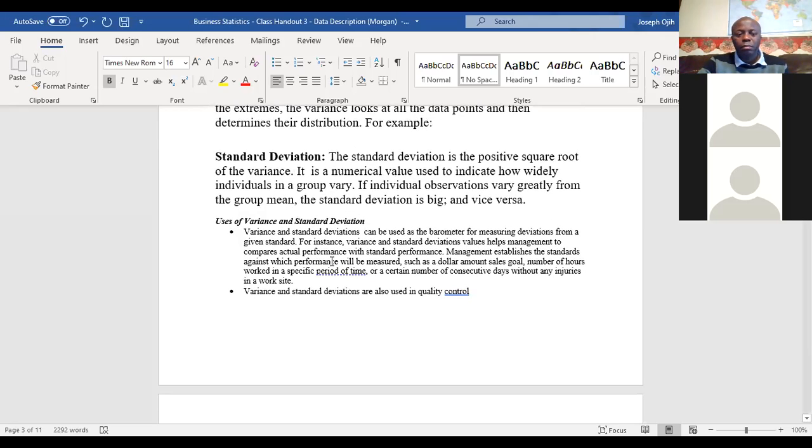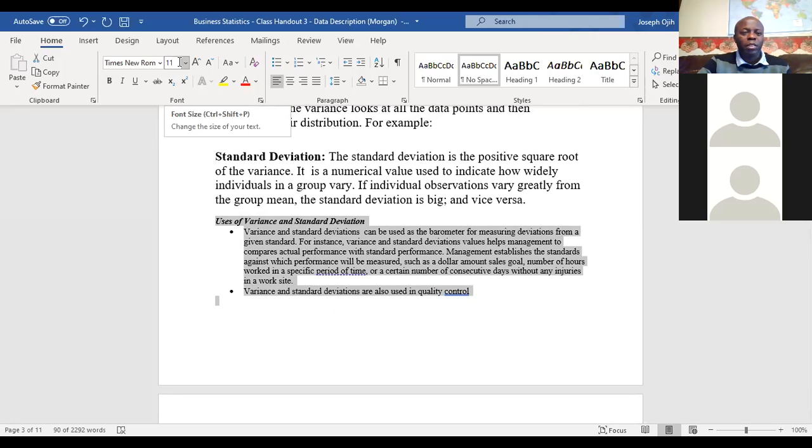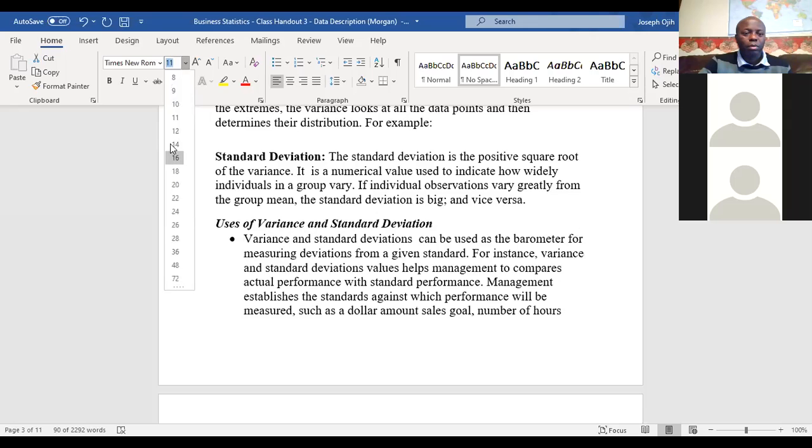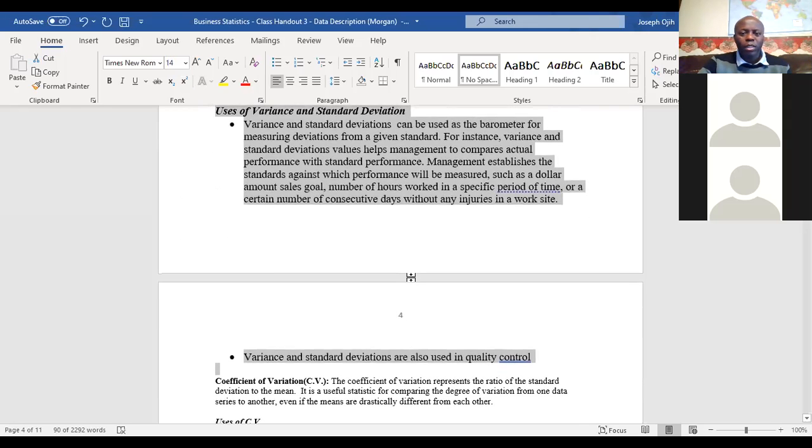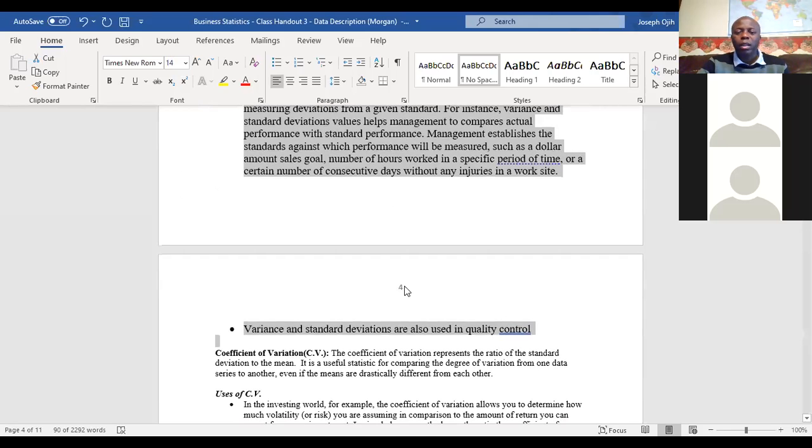Now we use variance and standard deviation in many places. For example, they can be used as a barometer for measuring deviations from a given standard. A good example is where the management establishes a standard that we have to follow, or maybe a goal.